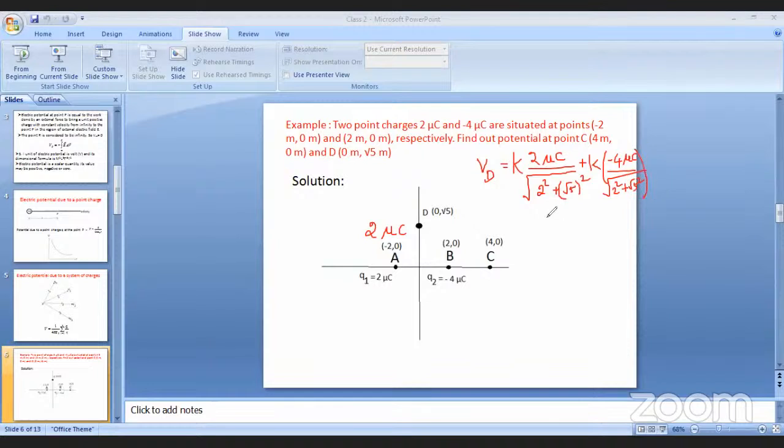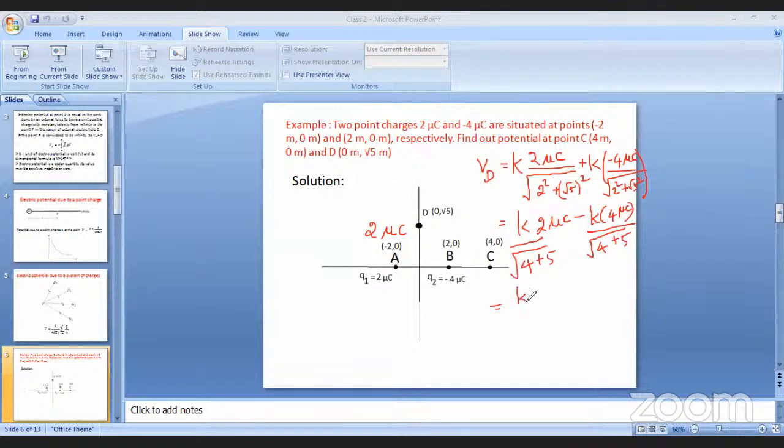Here I am taking K as common, and also the square root terms. Root of 4 plus 5, into 2 microcoulomb minus 4 microcoulomb. This root of 4 plus 5 is root 9, that is 3.